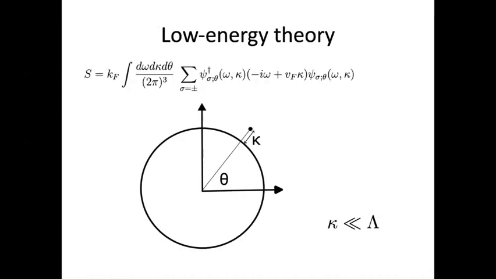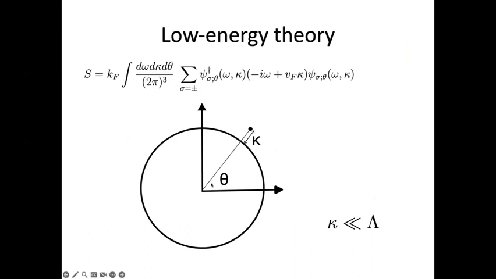Now, as Shankar taught us, at low energy, we want to focus on those electrons near the Fermi surface. So let me label those low energy fermions in terms of angle around the Fermi surface. For now, for simplicity, let me focus on two space dimensions with, say, spherical symmetry, but this is not essential.